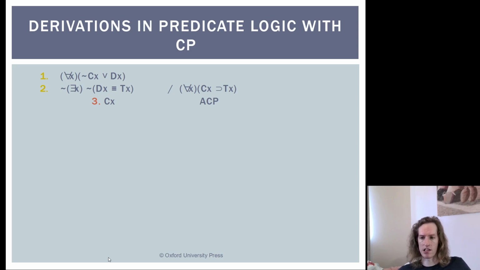But we know that, well, part of the conclusion that we want to show is a conditional statement. So we can arrive at that, and then if we can discharge if cx then tx, then once we're outside of the conditional proof, then we can universally generalize from there.